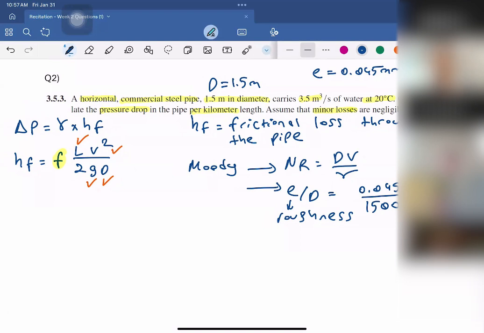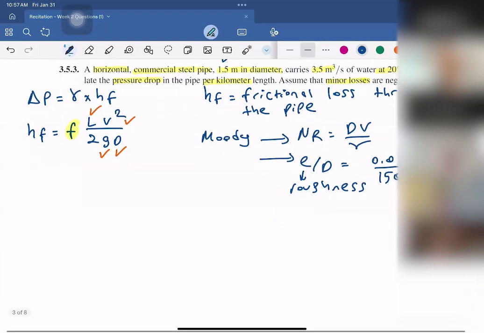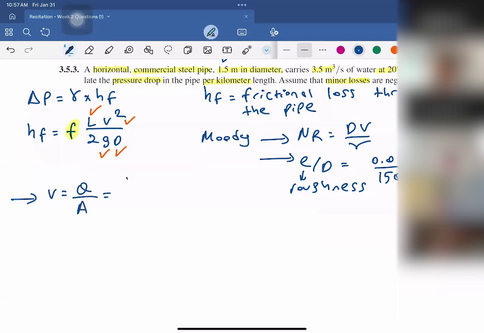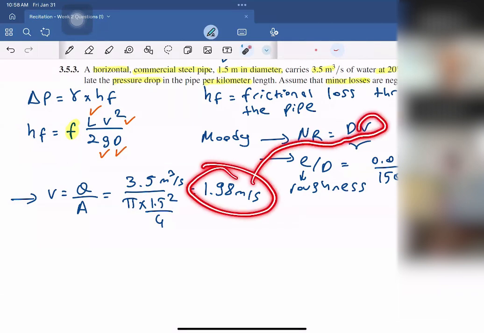And on the other hand, we can calculate the Reynolds number as well. But for that, we need velocity first. So from the continuity equation, we can calculate it with this formula, which is 1.898. Okay, yeah. Now we are just going to use this velocity in Reynolds number here.